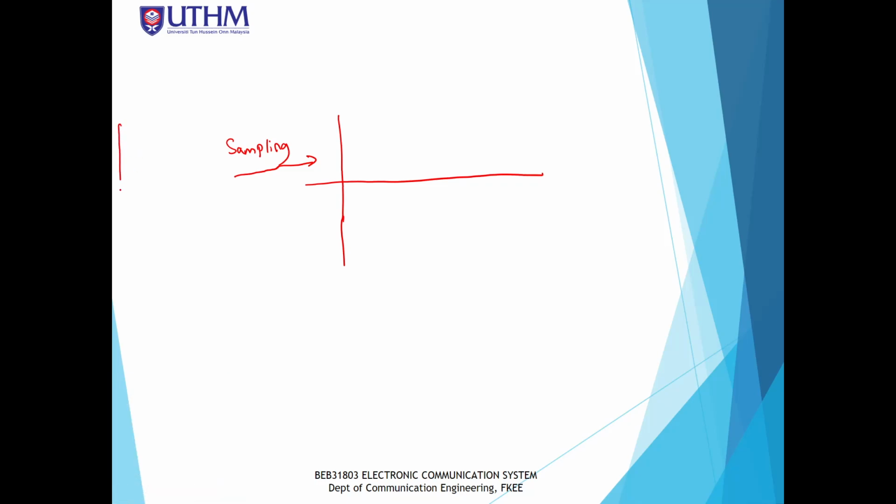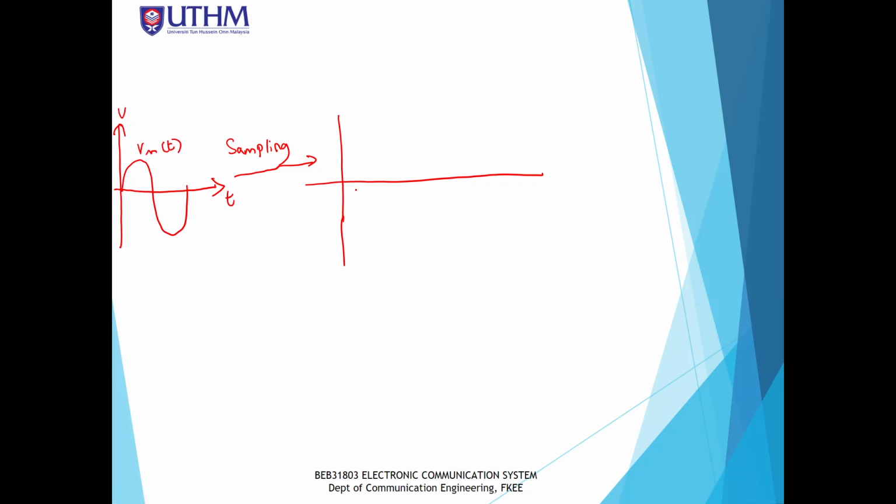I'm trying to illustrate the process so that it is easy for you to understand. Okay, so for example, like this is the input V(t).